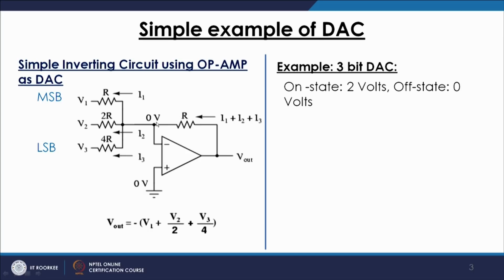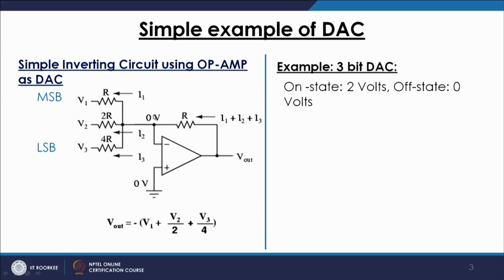With respect to this 0 volt, there are 3 branches, each branch containing a different resistance. The first branch contains a resistance of R ohm, the second one 2R ohm, the third one 4R ohm. So, when we apply any voltage V1, V2, V3 on these branches, the current flowing through these branches becomes I1 equals V1 upon R, I2 equals V2 upon 2R and I3 equals V3 upon 4R.